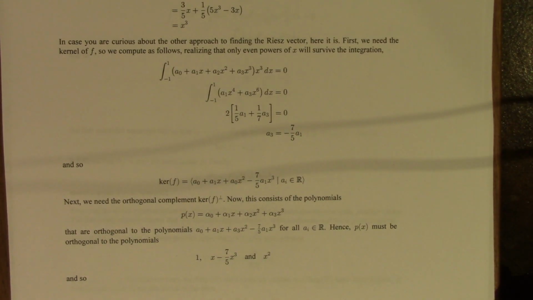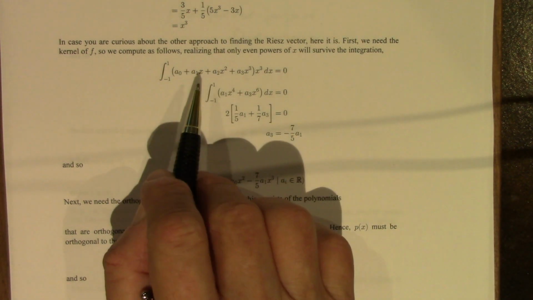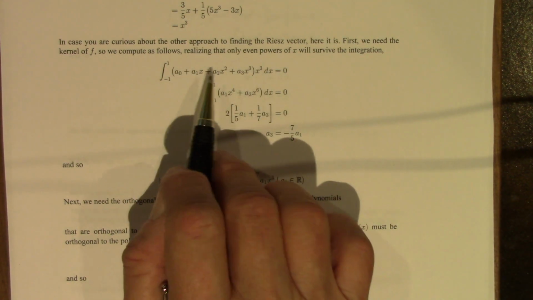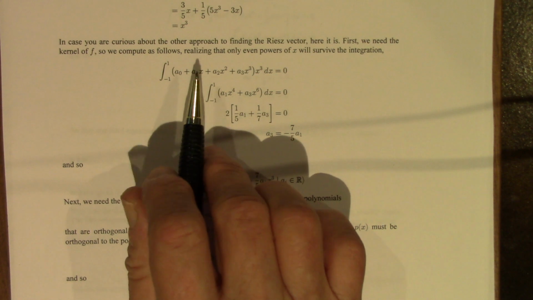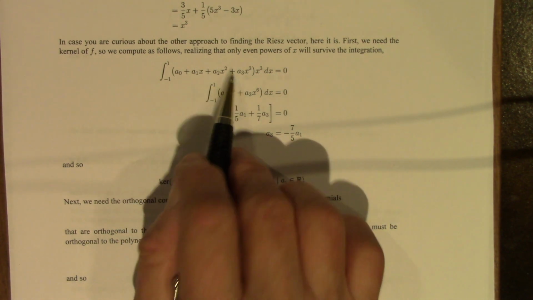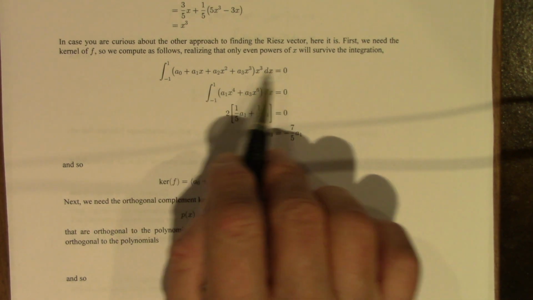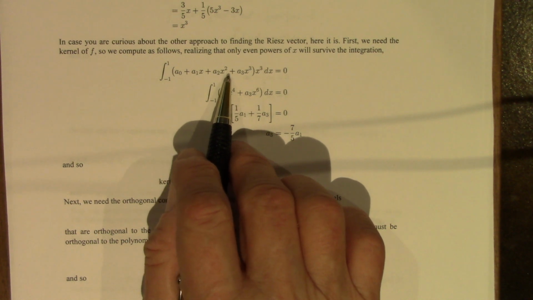Well, let's take a look now at the other approach to finding the Riesz vector. The first step is to compute the kernel of f. And this is the statement that this is an arbitrary polynomial in the inner product space. This is a statement that f of this polynomial is 0, so that the polynomial is in the kernel of f.